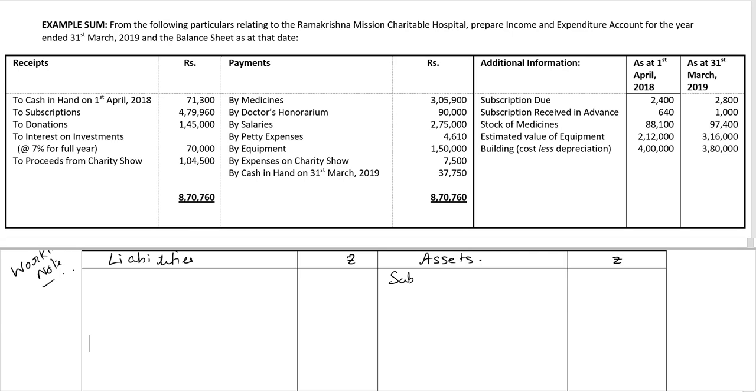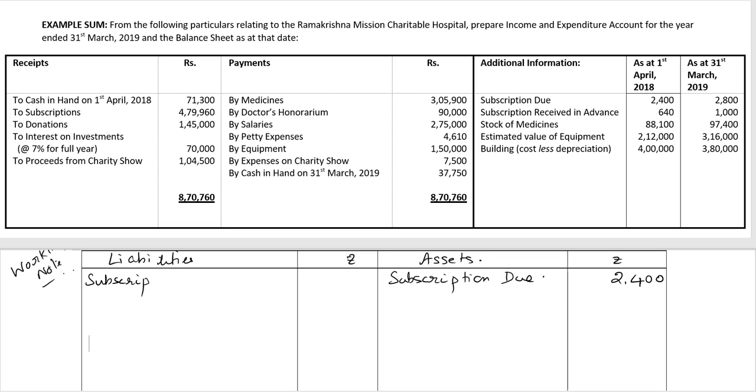Subscription due, it's an asset, ₹2,400. Subscription received in advance is a liability, ₹640.